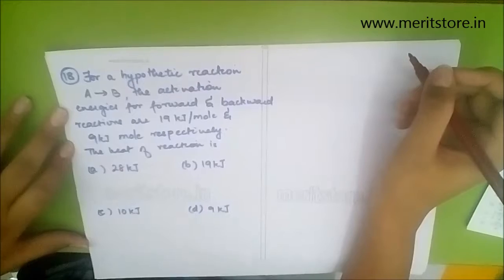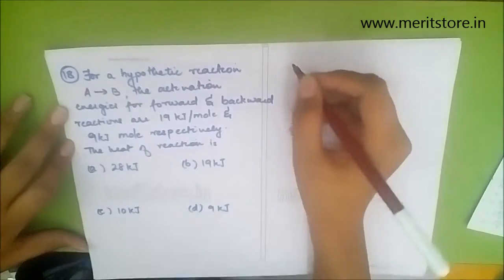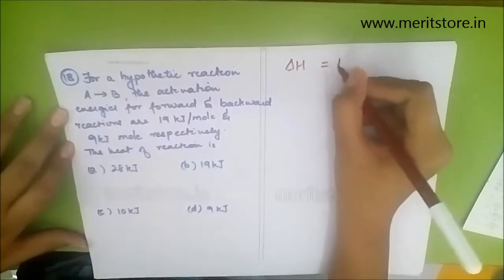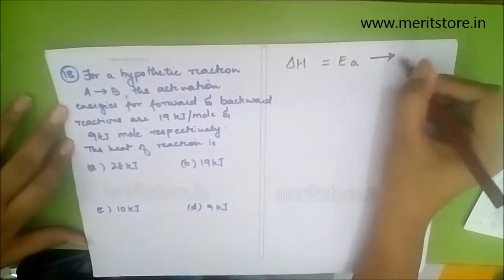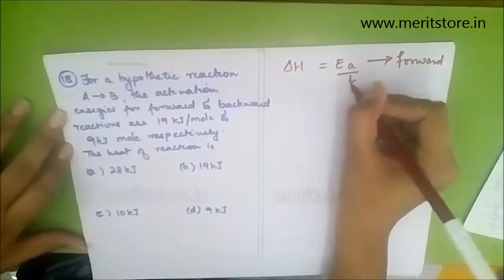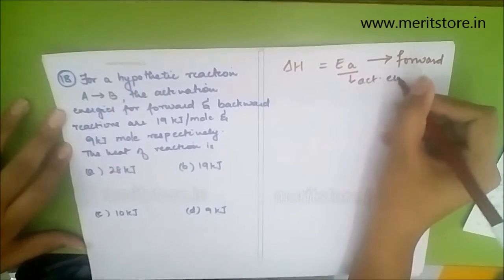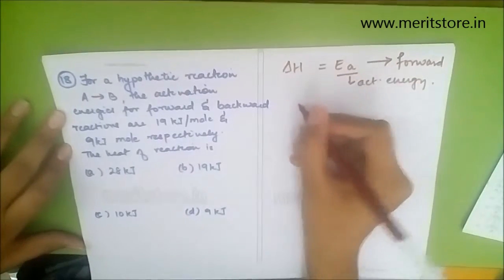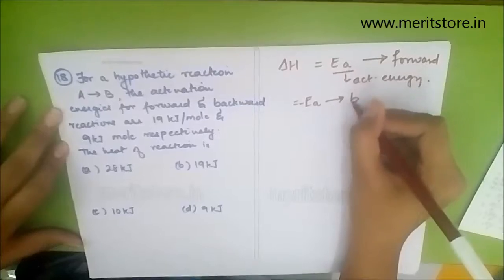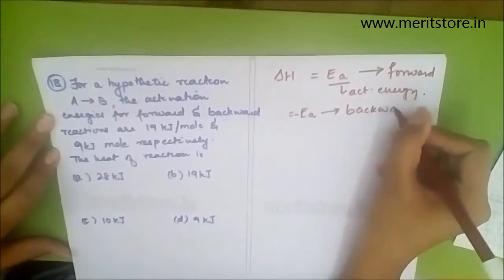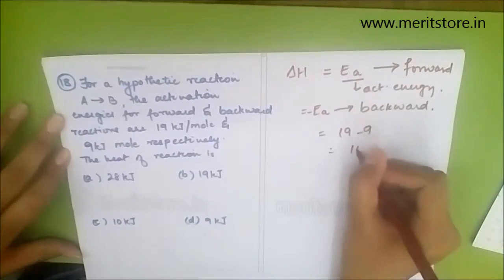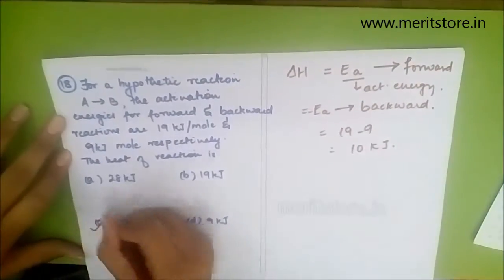The heat of reaction is given as, now delta H, that is change in enthalpy, is EA for forward reaction, where EA is the activation energy, minus EA for backward reaction. So it is 19 minus 9, that is 10 kilojoule, and the correct option is C.